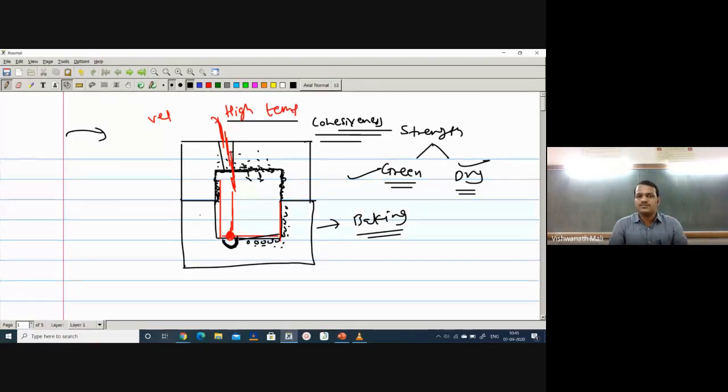Withstanding high temperature means what? It should not get included into this molten metal. It should not melt with that molten metal.